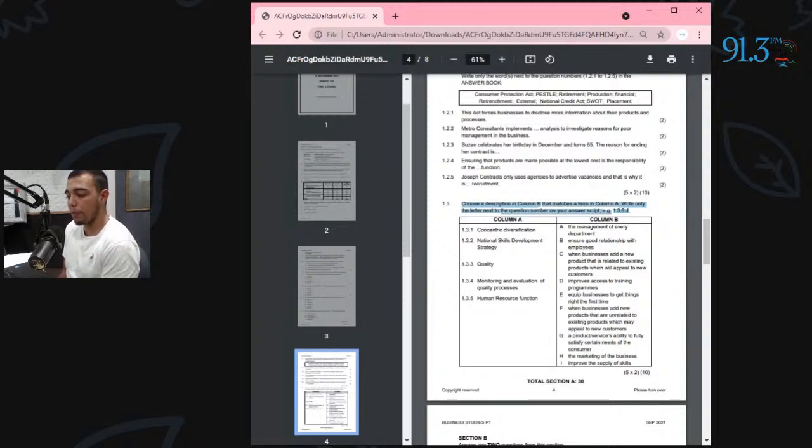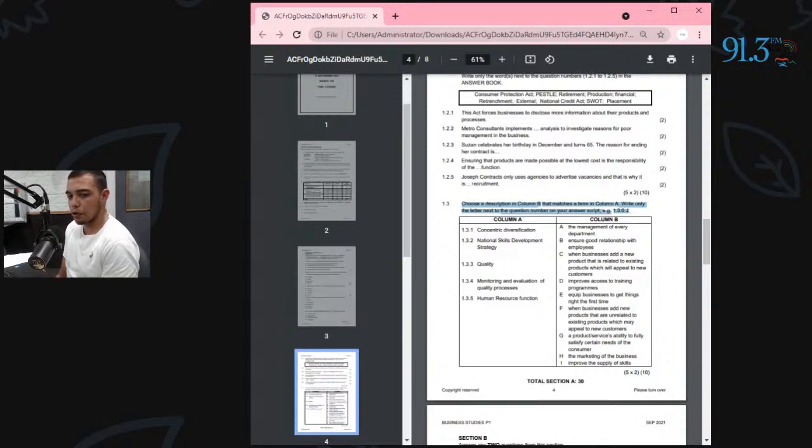It will really help if you are struggling with business. But if you are not struggling with business studies, because it's not that difficult, what you need to do is just read over everything, understand the different words, and then you'd have it. Study everything and I'm sure you'd get full marks.